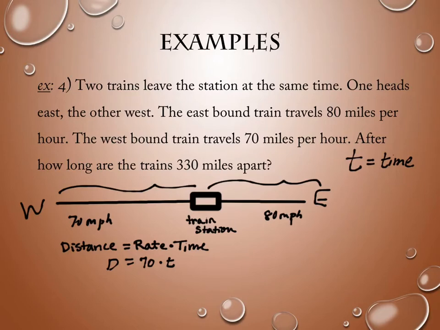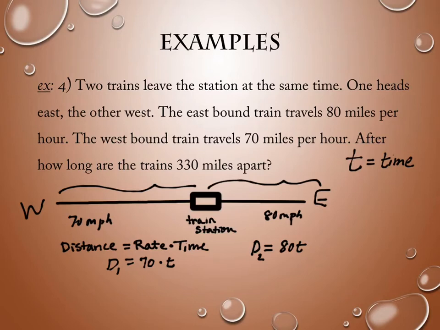What would the other train's distance be? 80T. So these distances are not the same. This is distance 1 and distance 2. But we do know that distance 1 and distance 2 add up to what? 330, right?